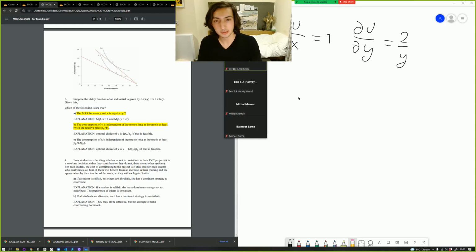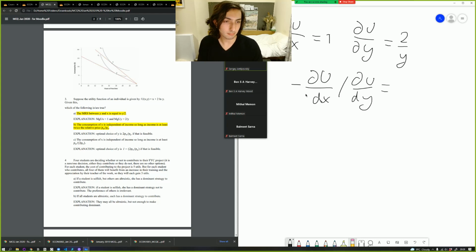To find the derivative overall, you do minus the partial derivative of x divided by the partial derivative of y, and then you get minus 1. No, wait, it's the absolute value.